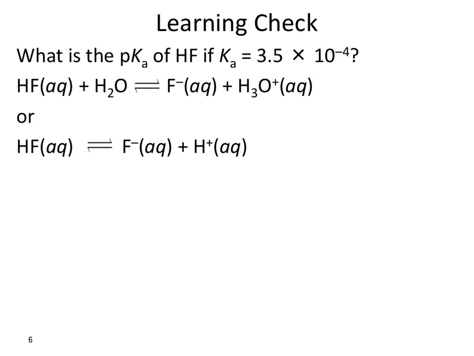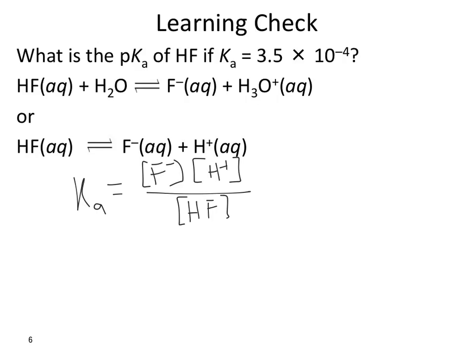Okay, so let's do a little learning check with this. We want to know what the pKa is of HF if Ka is 5.3 times 10 to the negative 4. And then here you see the two equations for it. Just as a reminder, Ka is the concentration of our conjugate base, F minus, times the concentration of H plus, divided by the concentration of the acid, HF.